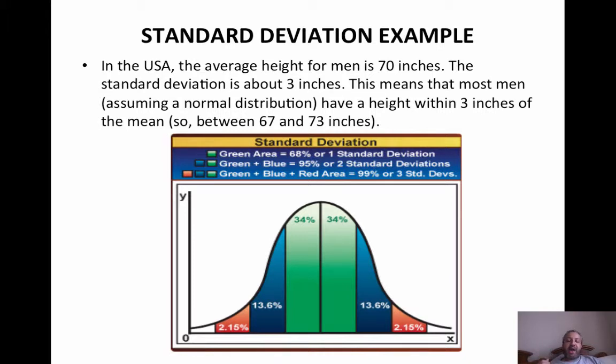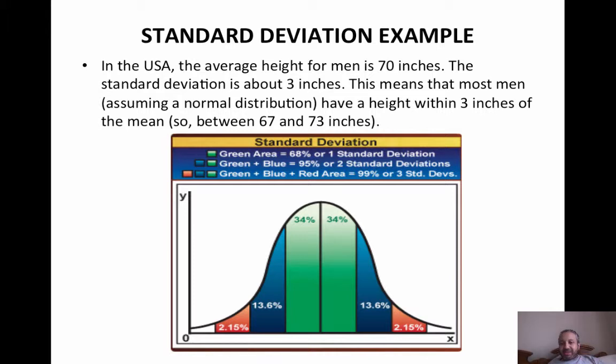So again, let me go back. 34% of men are within one standard deviation to the right of the mean. That means above the mean. And 34%, pay attention, of men are within one standard deviation to the left of the mean, below the mean.